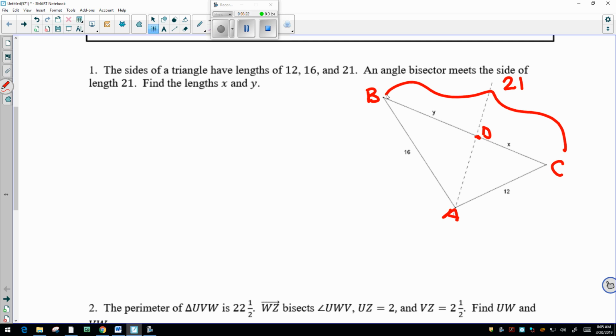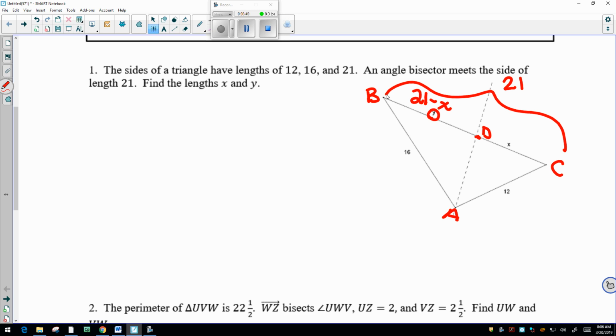So first thing, if I were to set up a proportion like we had talked about, an issue I'd run into is the fact that I would have two variables. And if I have two variables, I need two equations. So rather than doing that, if I know the entire segment of BC is 21, that means I could represent this section of Y as 21 minus whatever X is.